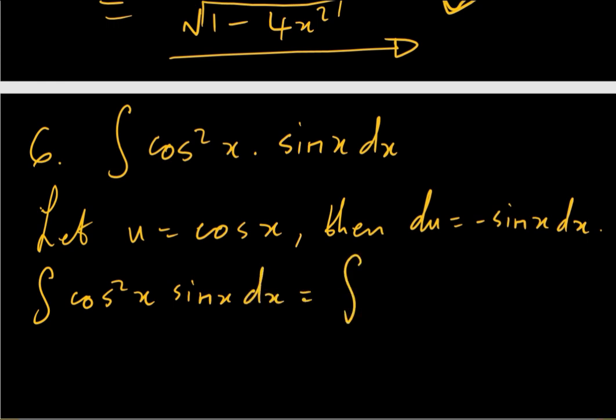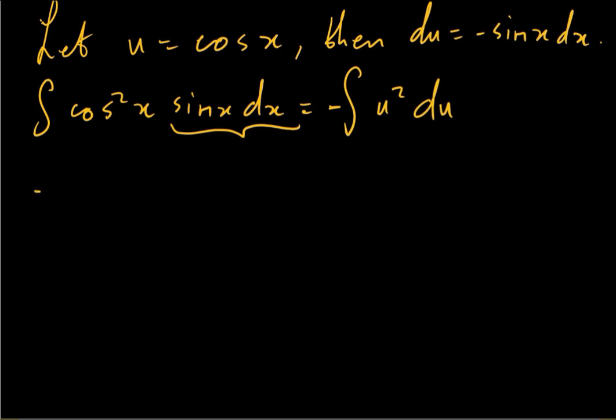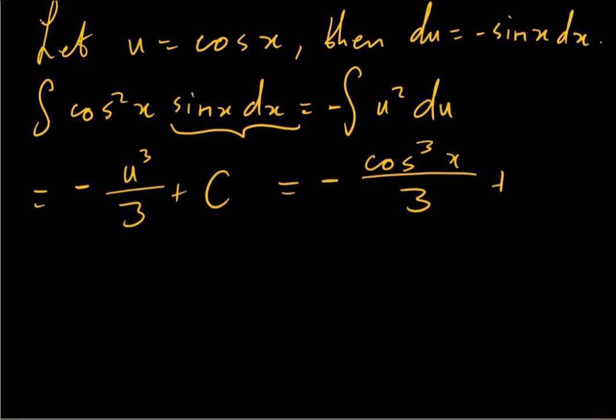So cosine is u, so this becomes u squared, and then sine x dx, this guy here, is just du, well, negative du. So we can put the negative outside and then du. So the integral of negative u squared will be negative u to the power 3 over 3 plus c. And if we plug back in what our substitution was, this is just negative cosine cubed of x over 3 plus c.